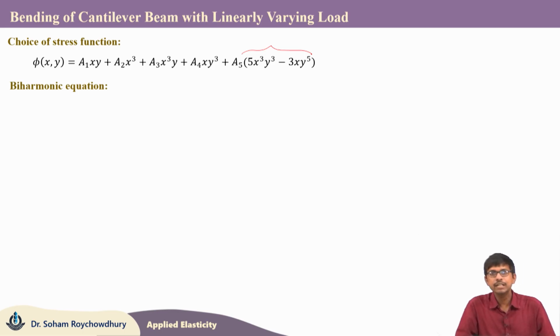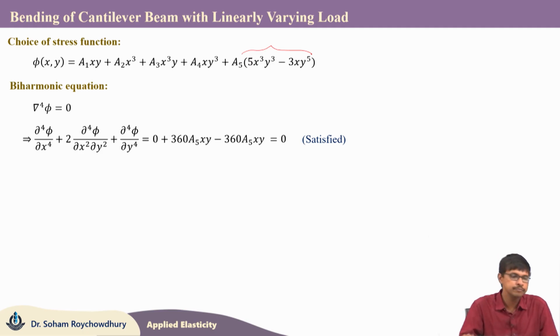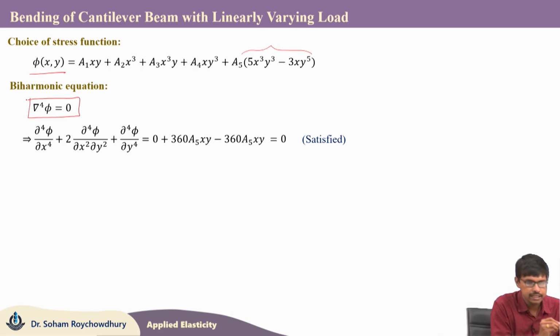As I had already told, I had set the zero constants out, and thus this particular choice of phi satisfies the biharmonic equation automatically. Whatever conditions are required to satisfy del 4 phi equals 0, I have already incorporated, and thus this chosen form of phi directly satisfies the biharmonic equation.